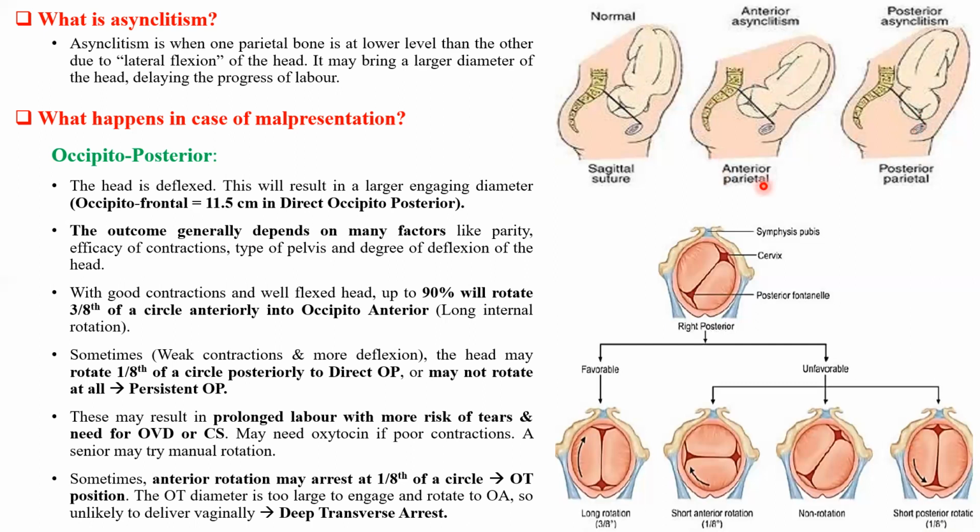So anterior asynclitism is better than posterior, because it is easier for the head to correct itself, facing a small resistance of the promontory of the sacrum, while in posterior it will face a large distance of resistance against the back of the symphysis pubis.